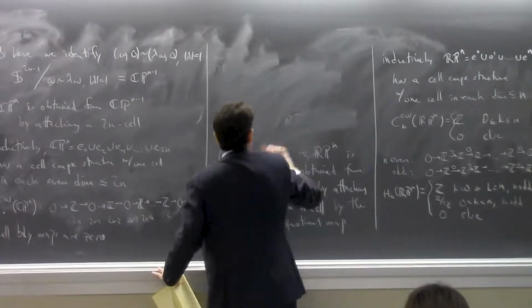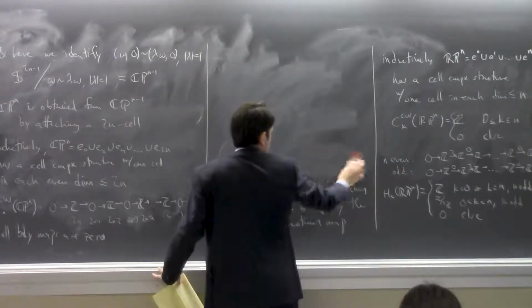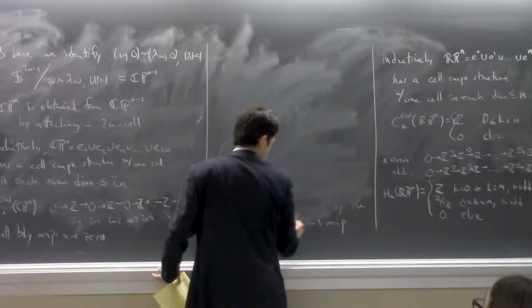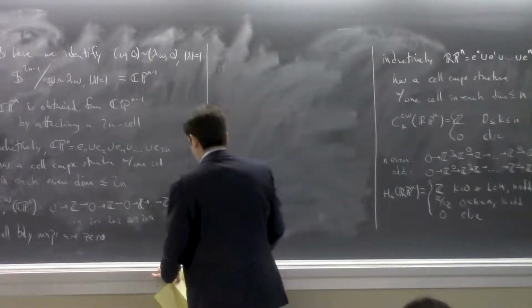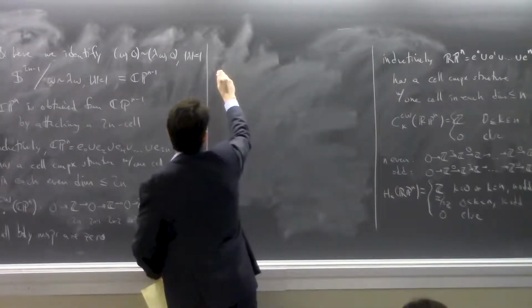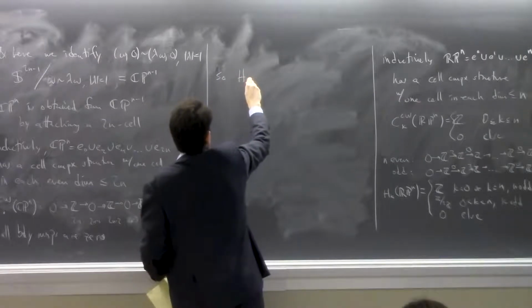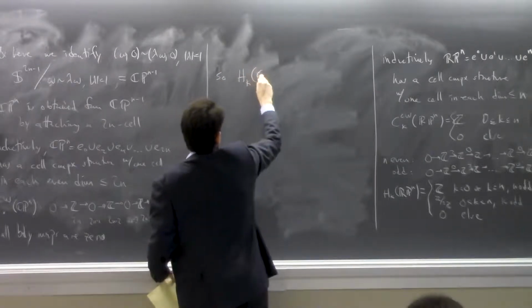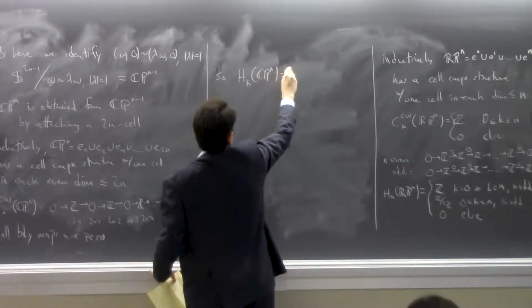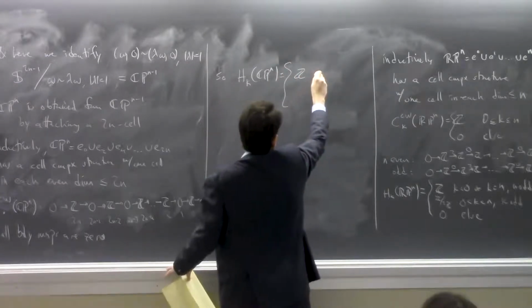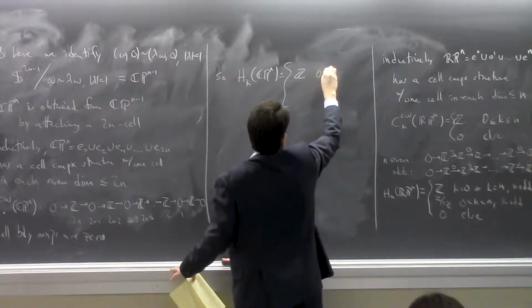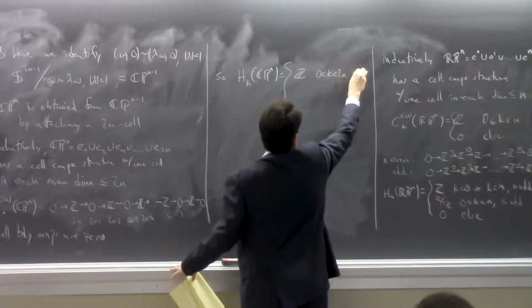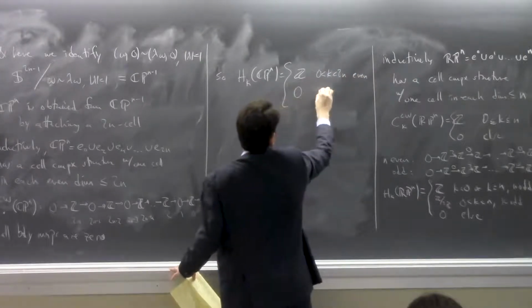So, knowing that the cellular complex computes the singular homology means that the homology of CP^n is really easy. It's Z if k is even with 0 less than or equal to k less than or equal to 2n, and 0 else.